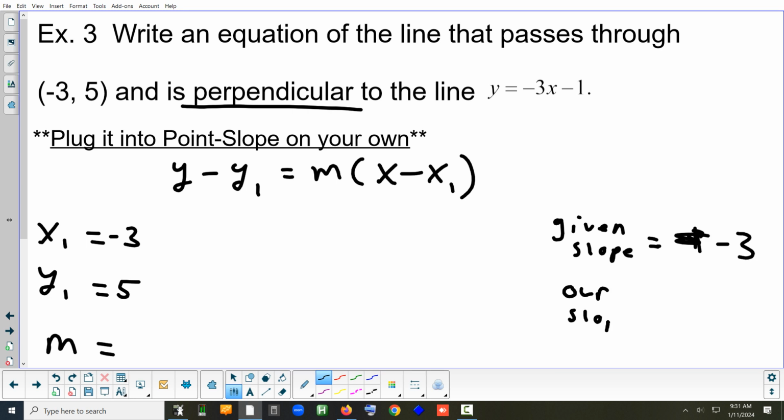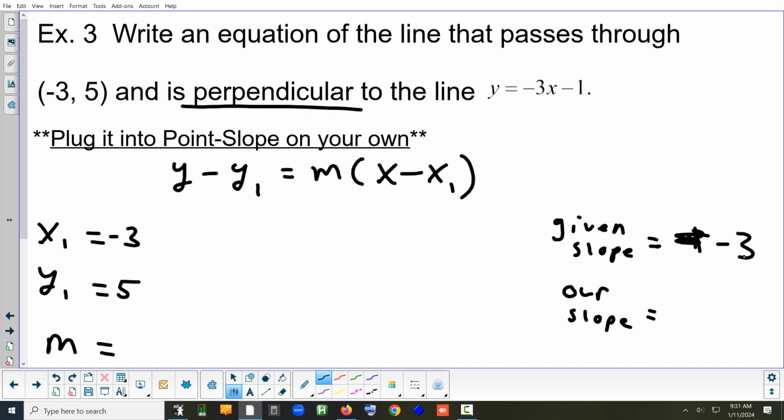So does that mean we want our slope to also be -3? No, not for perpendicular. Parallel, yes, not perpendicular. What does that mean we have to do to this to get our slope? What are the two things? Opposite and flip it.